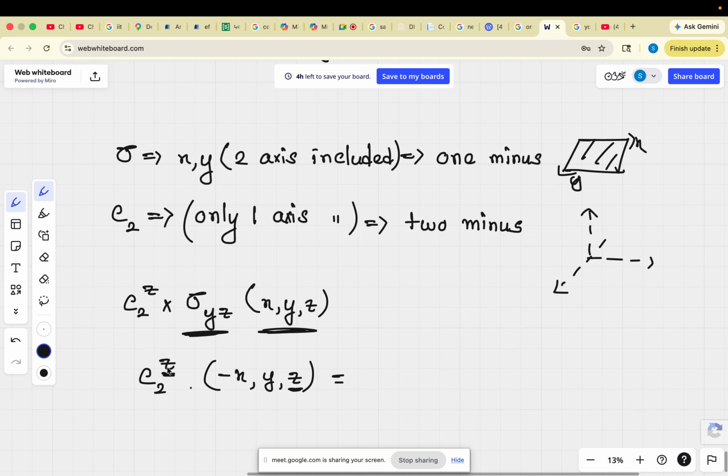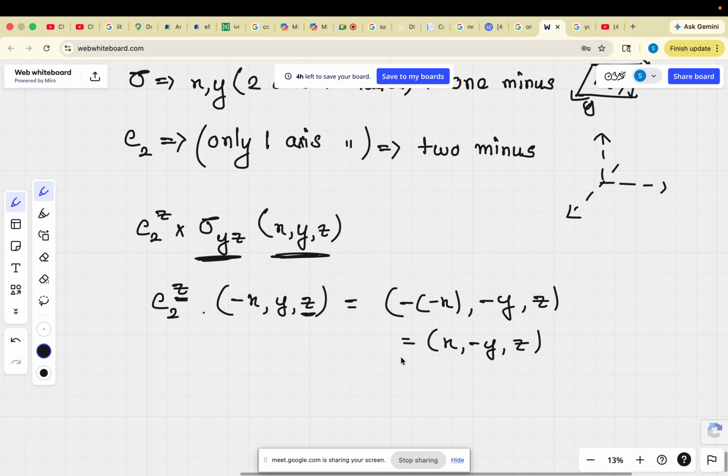Along the z axis you are rotating, so no change in z, the other two you have to change. So minus x becomes minus of minus x, minus y, and z. And minus of minus x is plus x. So x, comma minus y, comma z is what you will ultimately get.